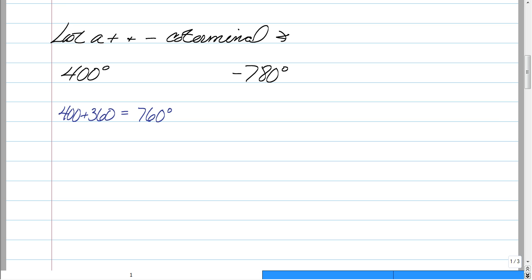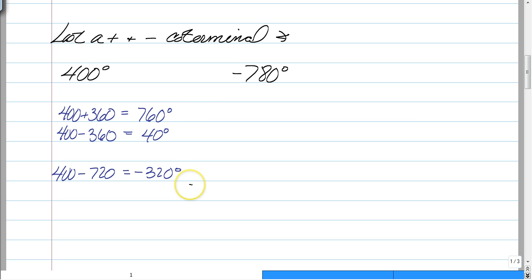To get a negative, you would just start subtracting 360, but something's going to happen. If you did 400 minus 360, you're still in the positive area. It's 40 degrees. That's still considered a positive coterminal angle, even though you subtracted. So then you would need to subtract 360 again, and that would give you 400 minus 720, which is negative 320 degrees.